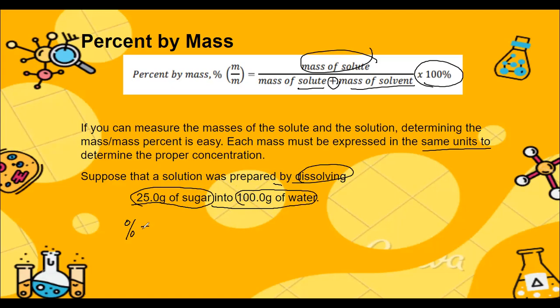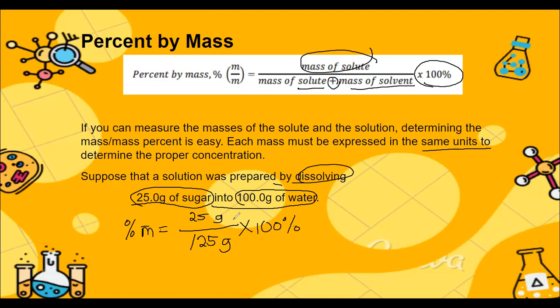So we have percent by mass equals, the mass of solute is 25 grams. We need to divide that by the mass of solution. So we can add directly the mass of solute and mass of solvent. That will result to 125 grams. Then we need to multiply it by 100.